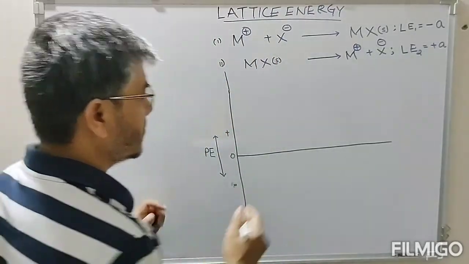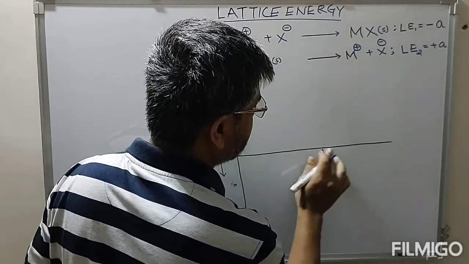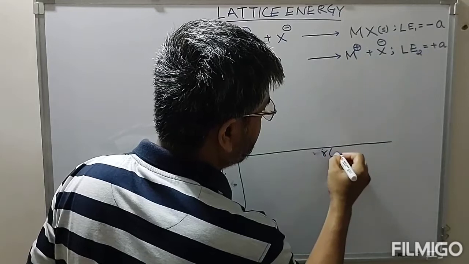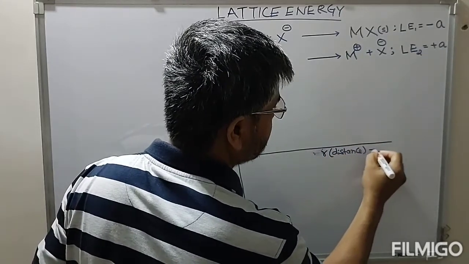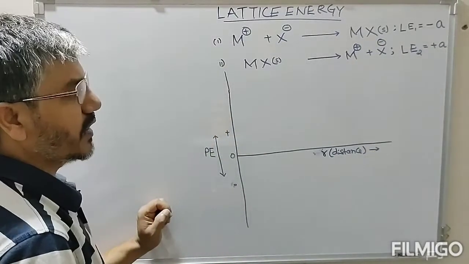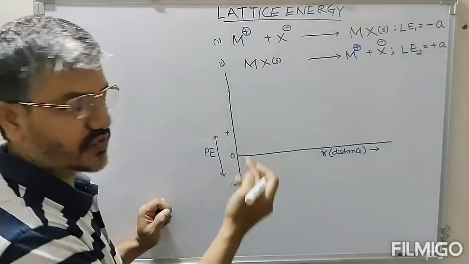So look at this. This is the distance, let this be R, distance between the ions. At very large distance, the potential energy is approximately 0.